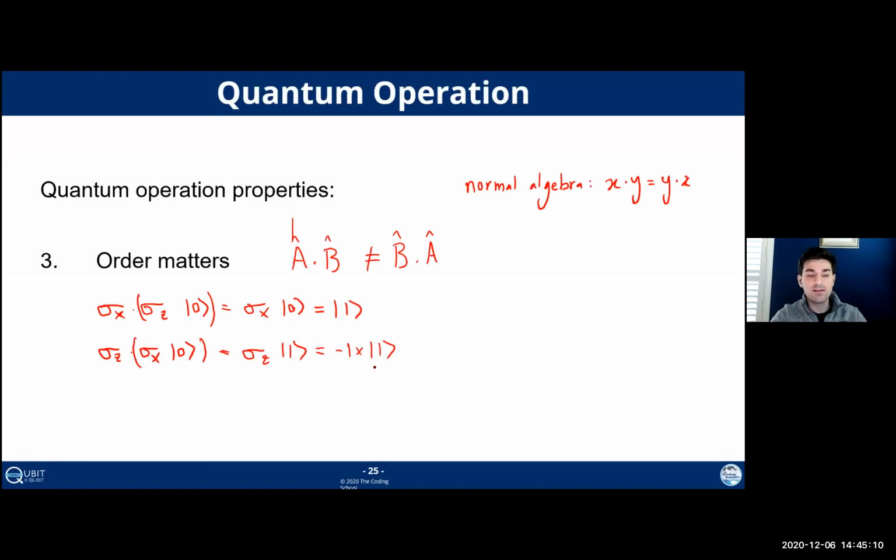And we can see that these two are not equal. This is a little counter to the normal algebra that we've learned so far: the order of these operations actually does matter.